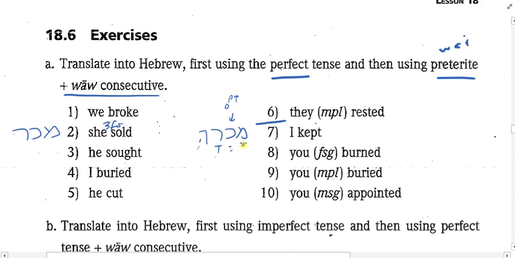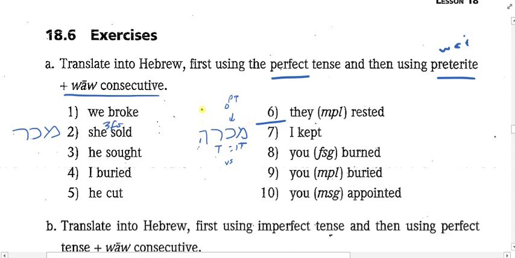And then because I've got this ambiguous symbol right here, this kametz before shiva, I want a metheg here to signal that that shiva is in fact a vocal one. So makhara. Makar, he sold, becomes makhara, she sold. Okay? So that's the first form. That's the Qal perfect 3FS.